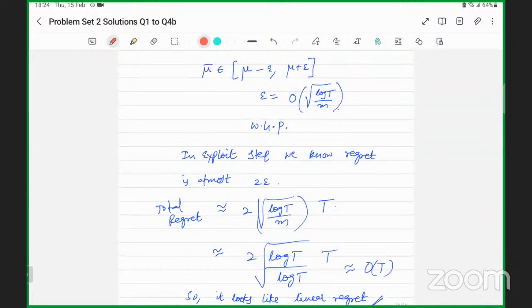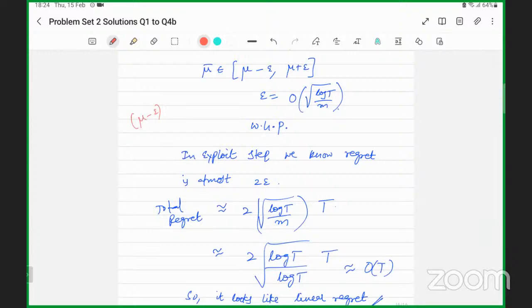We know that in the exploit step, the regret is at most 2 epsilon, because of the previous thing, like in the explore-then-commit algorithm we discussed, right?